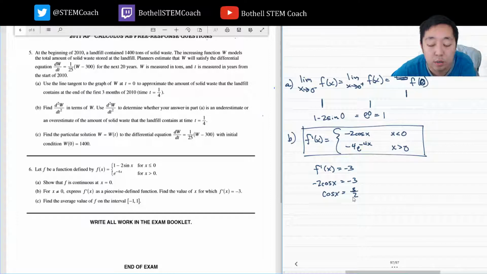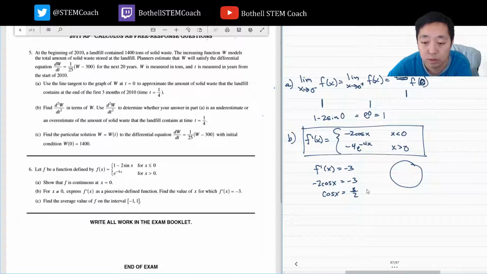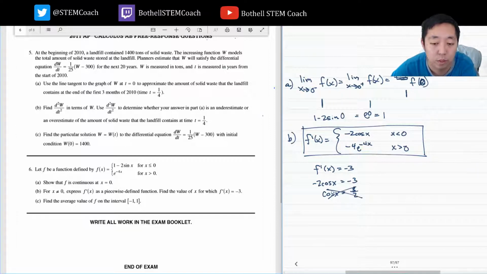Oh, this never happens. Cosine can't be 3, right? So this never happens because cosine can't be more than 1.